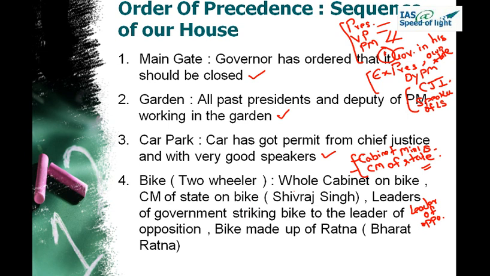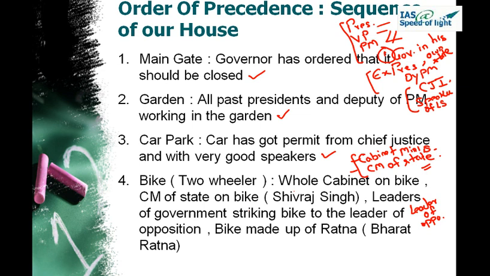Why we are associating all these people with a single bike is that they form a single point in the order of precedence, or table of precedence. Starting with the President, Vice President and PM, then it was the Governor in his own state. The Governor you saw on the main gate. Then when you entered, the garden was there. In the garden, all ex-presidents, you can say Abdul Kalam and all other ex-presidents, plus the Deputy Prime Minister working in your garden as a gardener.